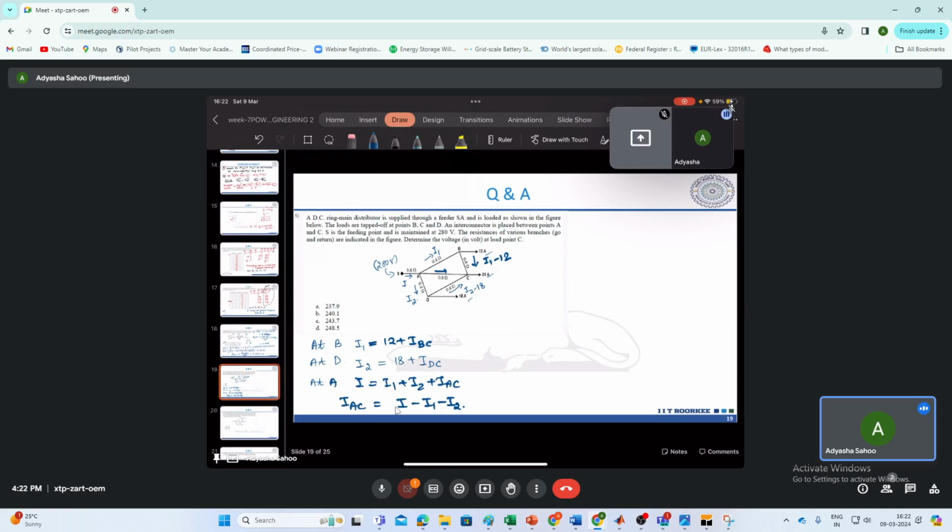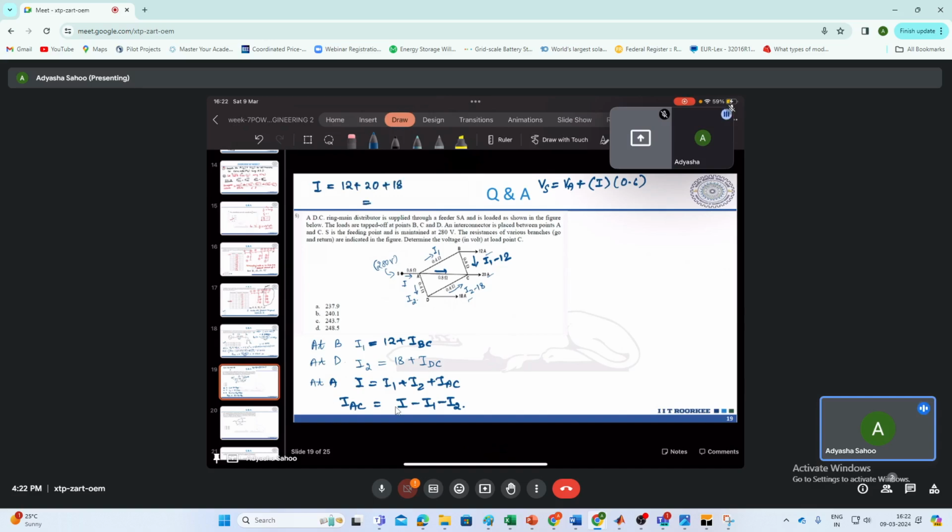Now let us write the KVL. So VS equal to VA plus I, and the resistance is 0.6, and I will be basically 12 plus 20 plus 18.